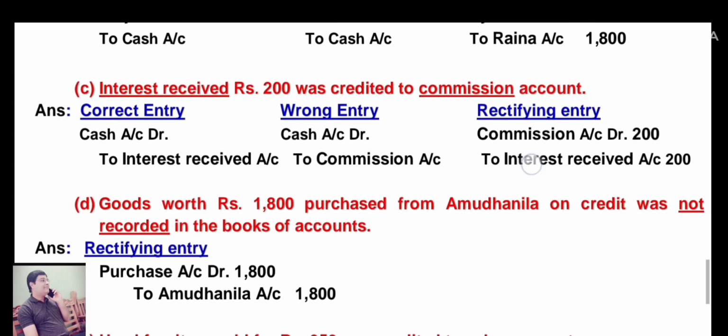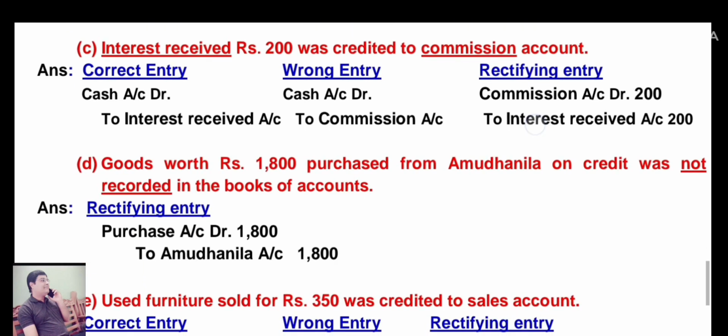Next, interest received rupees 200 was credited to commission account. So the correct entry is cash account debit to interest received account. But what was wrongly done? Cash account debit to commission account.